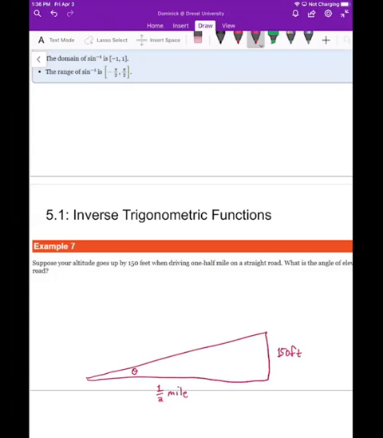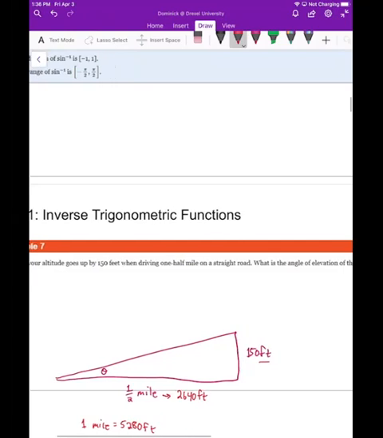So we either need to convert feet to miles or convert miles to feet. Well, we can use the fact that 1 mile is 5,280 feet. So if I want 1/2 of a mile, I need to take 1/2 of 5,280, which should be 2,640. So this is 2,640 feet.